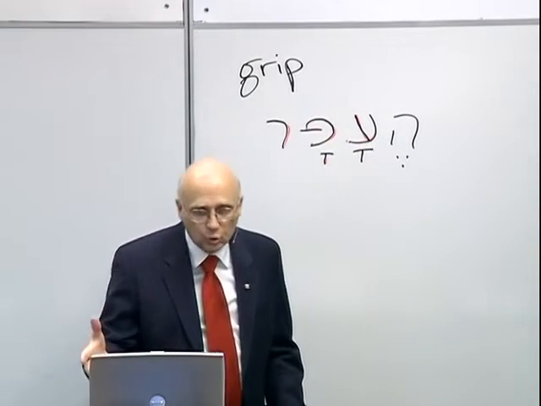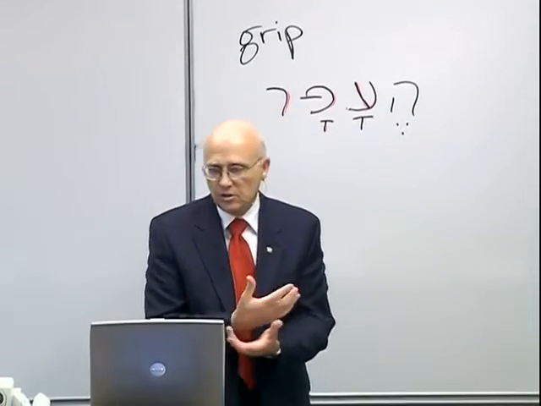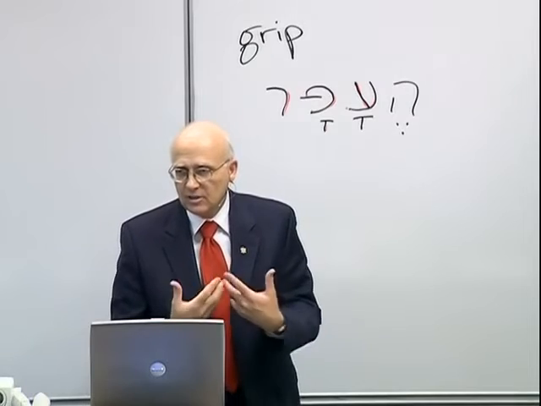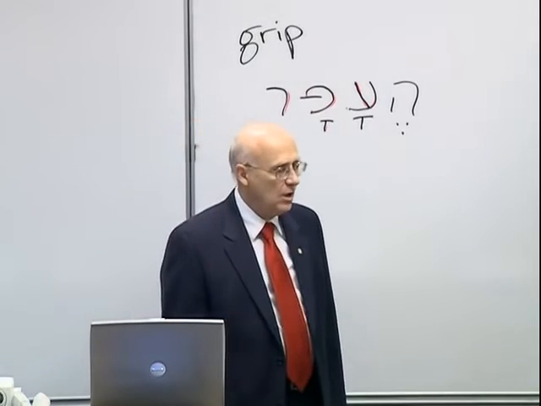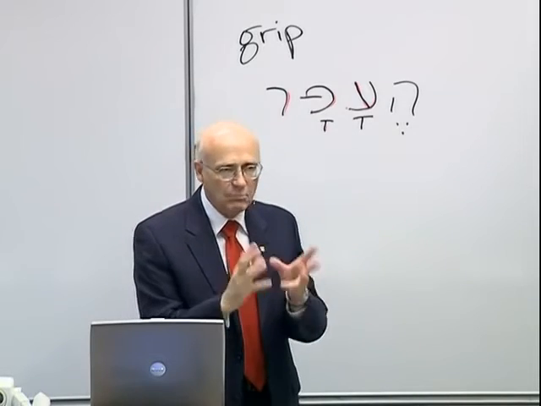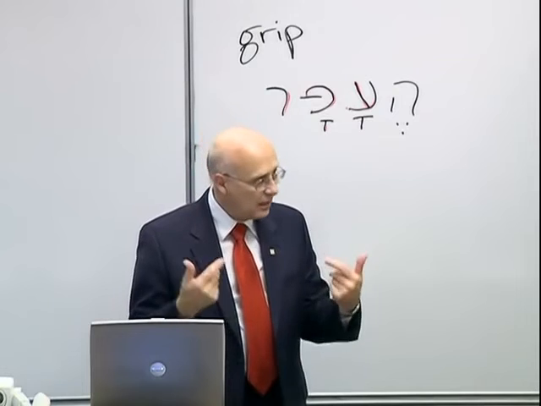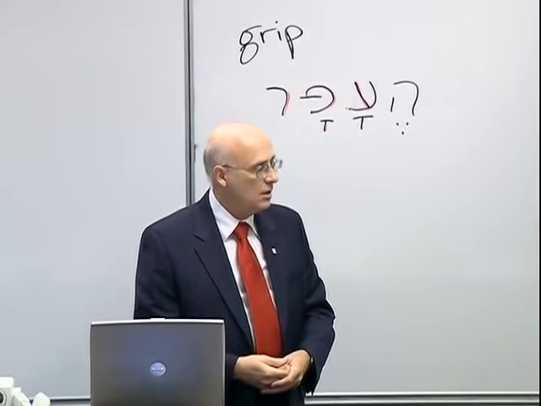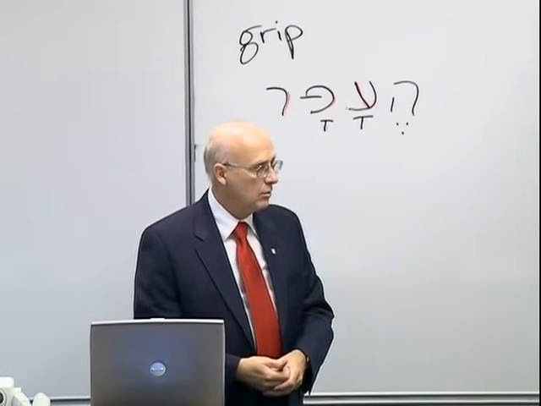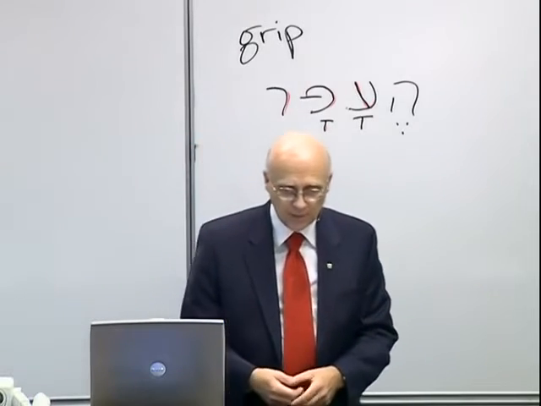Is it a verb to grip something? Is it the grip, which is actually a disease or a physical problem? Is it the strength of your grip? There's a number of different possible meanings, and you can only tell by context in a sentence. And the same goes in Hebrew.